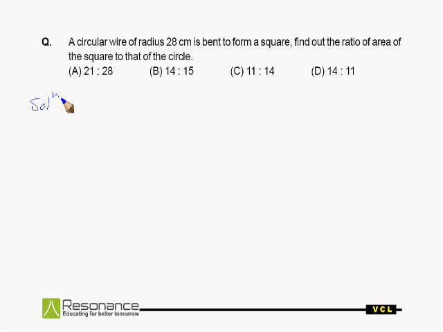In this question, we have a circular wire which is in the form of a circle of radius 28 centimeters. Now the same wire is bent in the form of a square, let's say of side a units.